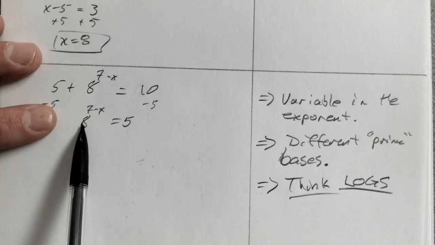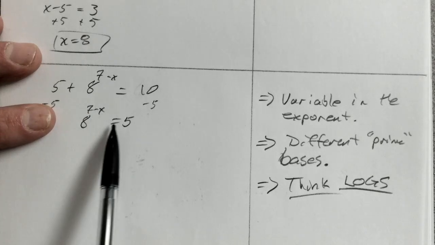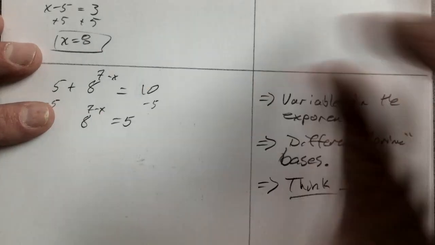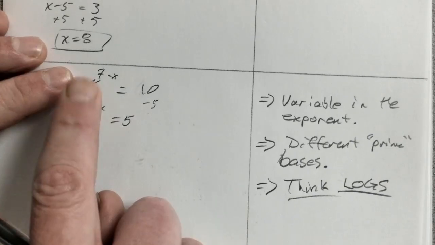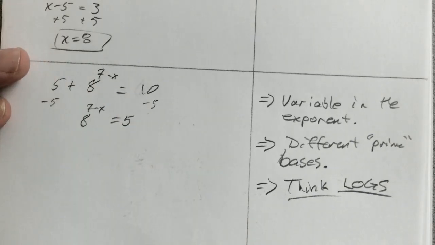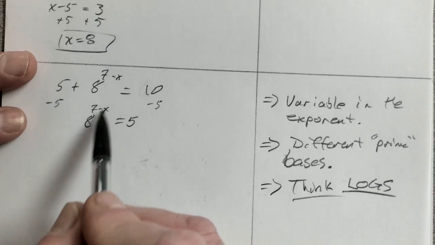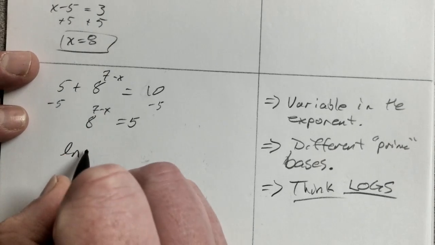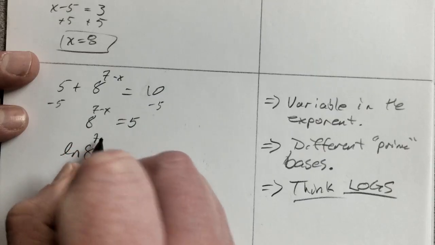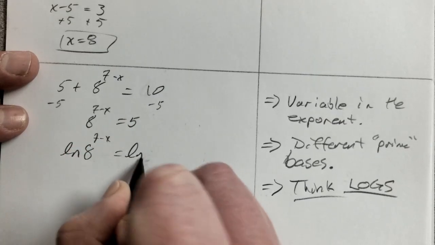So we have 8 to some power equals 5. Once I've isolated the base with the exponent, right, we have to isolate the base with the exponent first. That part's wildly important. Now that I have my base isolated, we're going to take the log of both sides. I like natural logs because I have to write less.